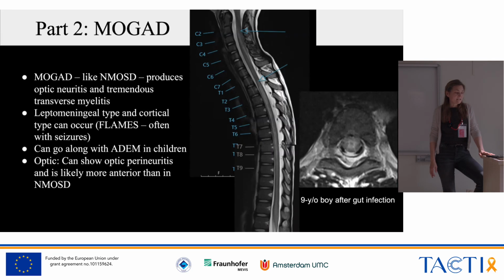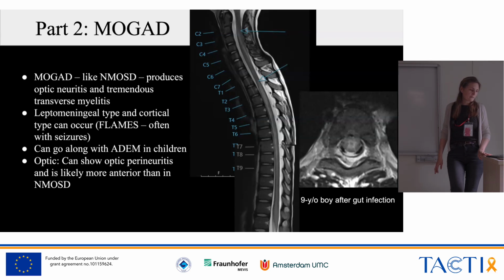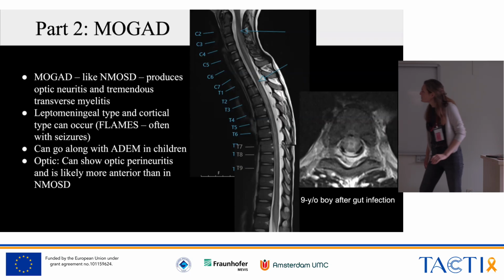In MOGAD, we have a similar issue. It is also causing optic neuritis and spinal issues and can relatively spare the brain. And you also can see leptomeningeal enhancement in the brain, also with seizures. I have no image for that because I never had a patient that had this. But as you can see in this MOGAD patient, this lesion is extremely long here. It starts at T1 and goes all the way down to the cone.